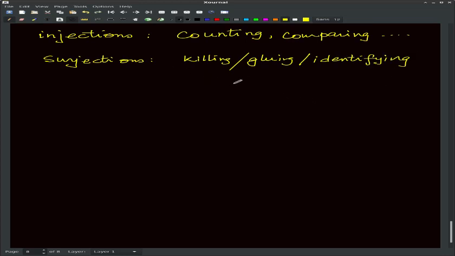Remember, this word identifying also came up while we were speaking about equivalence relations, so it has obvious connections with equivalence relations. So that is the whole story of surjections and injections.